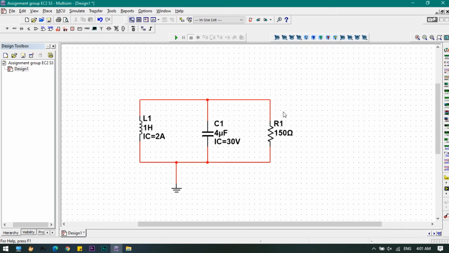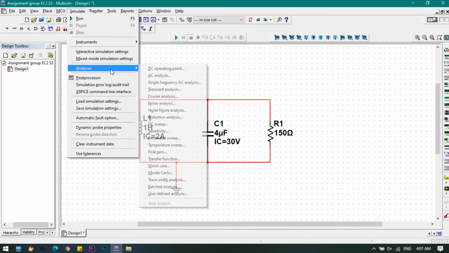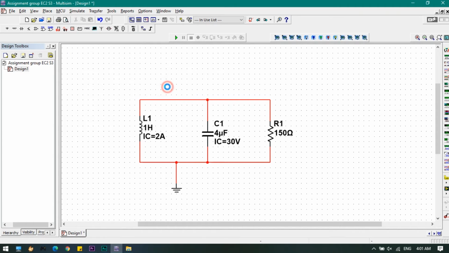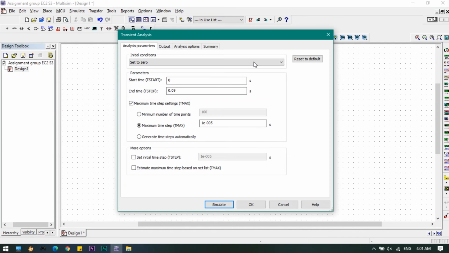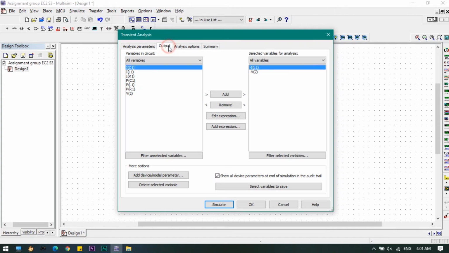We have an inductor of 1 Henry with an initial current of 2 ampere, and a capacitor of 4 micro, calculated in the report by my friend, with an initial voltage of 30 volt.